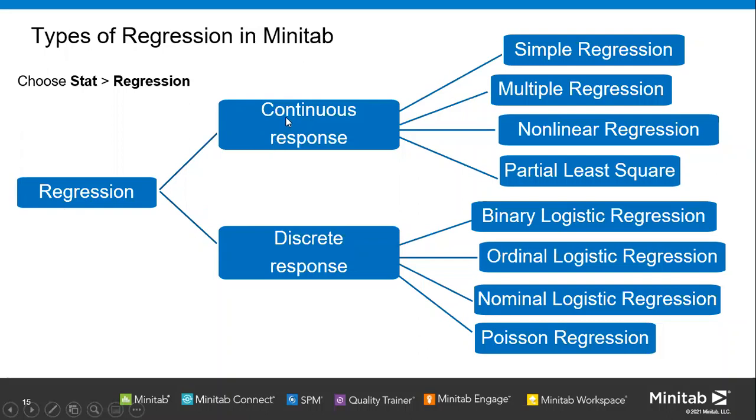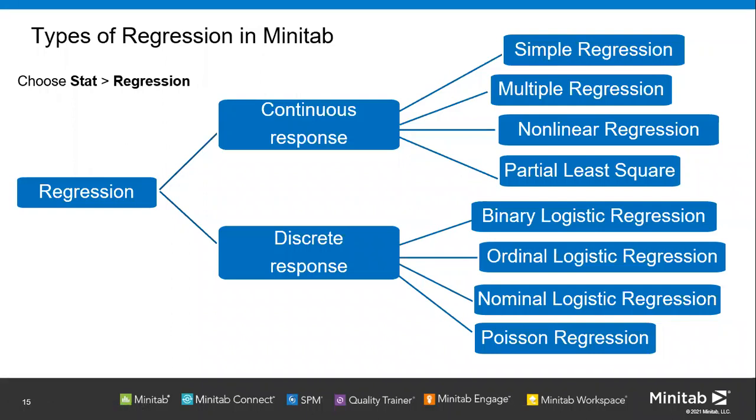Basically, if it's continuous, a measurement in numeric, you can go for simple regression, or maybe multiple regression. Simple here refers to only one predictor, one X impacting your Y.